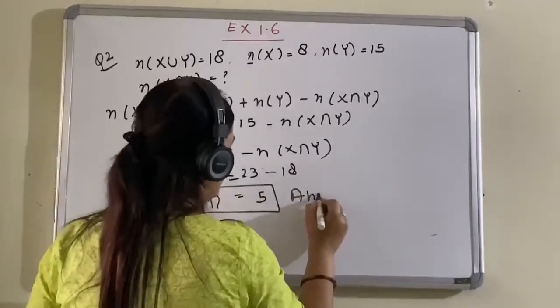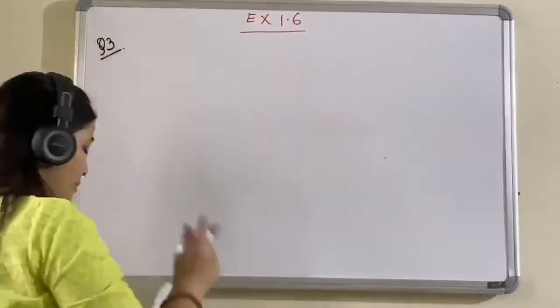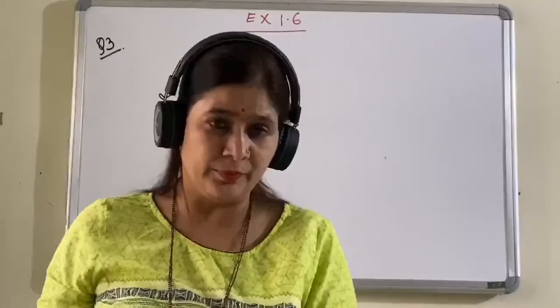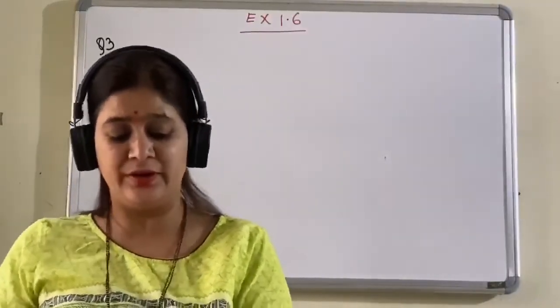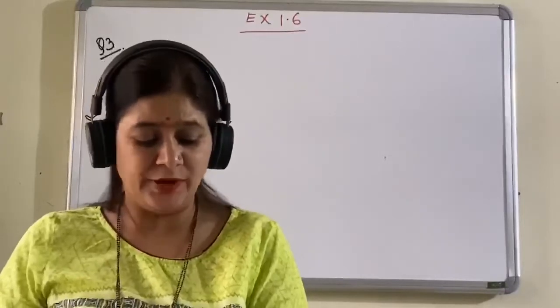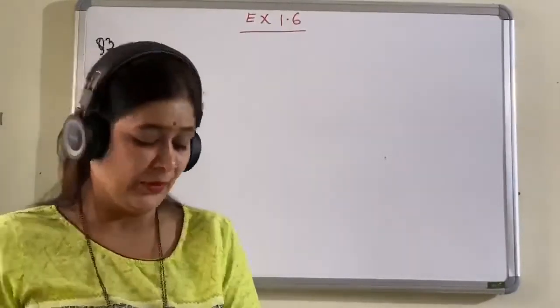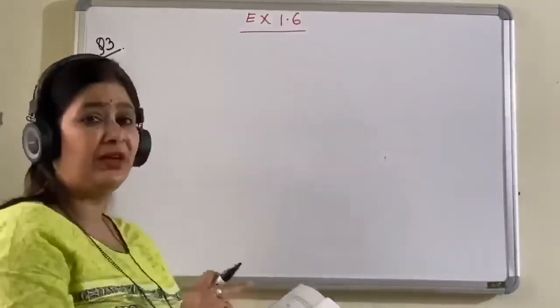Answer. Now come to question number 3. In a group of 400 people, 250 can speak Hindi and 200 can speak English. How many people can speak both Hindi and English? In a group of 400 people, 250 can speak Hindi.